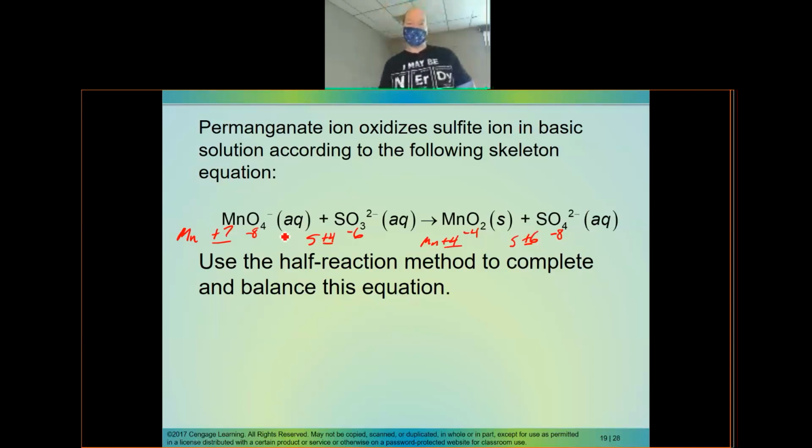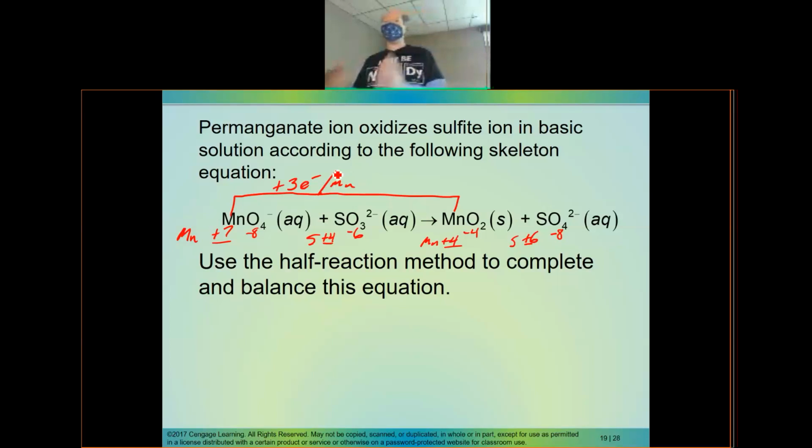And so you see with your Mn going from a plus 7 to a plus 4, this is going to be the reduction half reaction. All right, and we are going to gain 3 electrons per Mn to go from a plus 7 down to a plus 4.